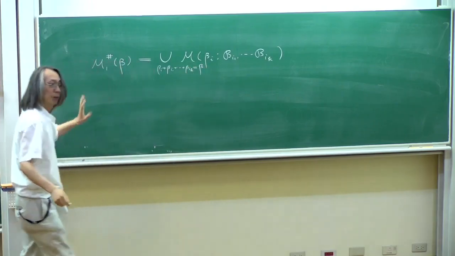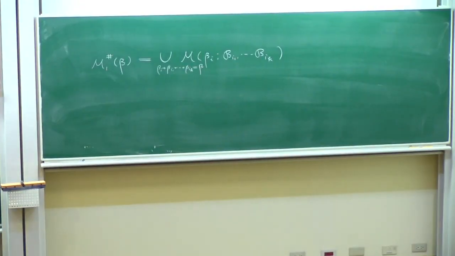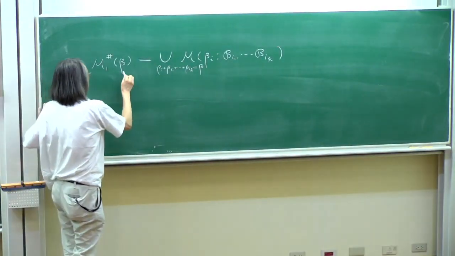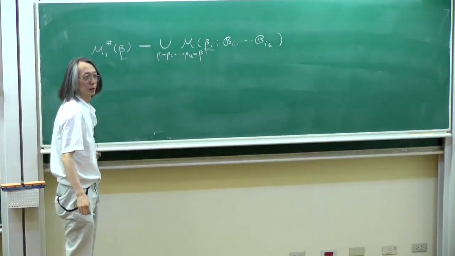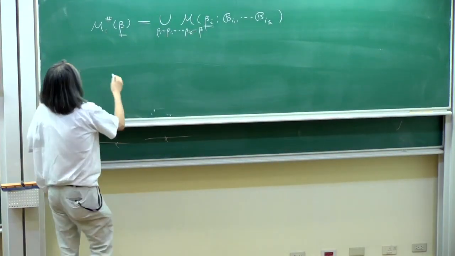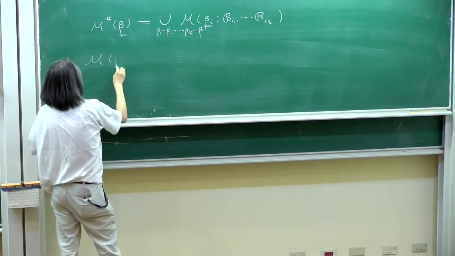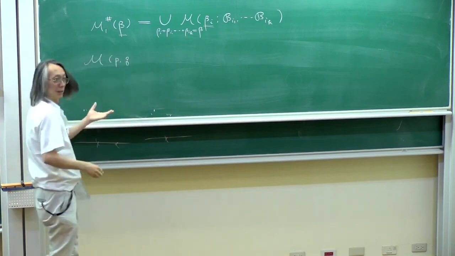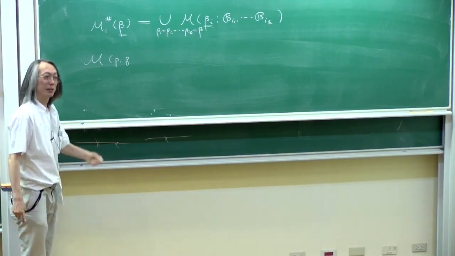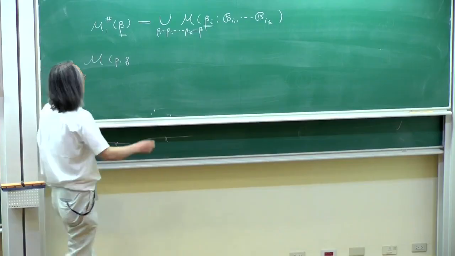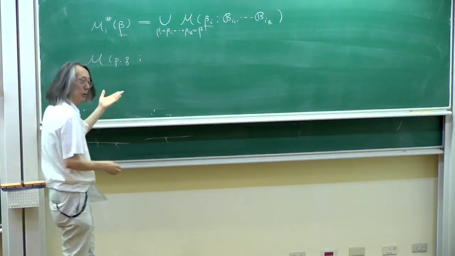So I define something like this. Here I always give some homology class or homotopy class. And now I consider this M(P,Q), the moduli space of strips. I also have to put such information here.